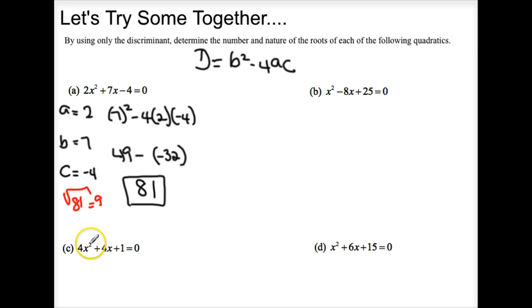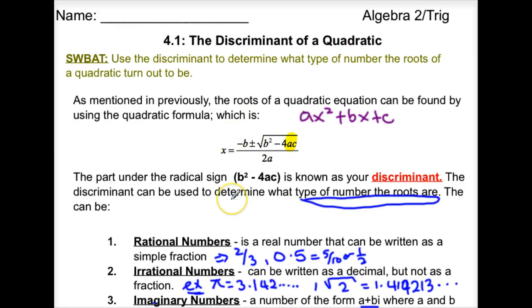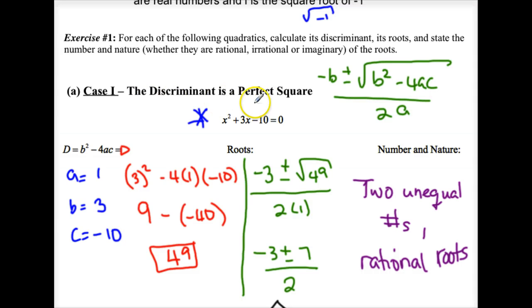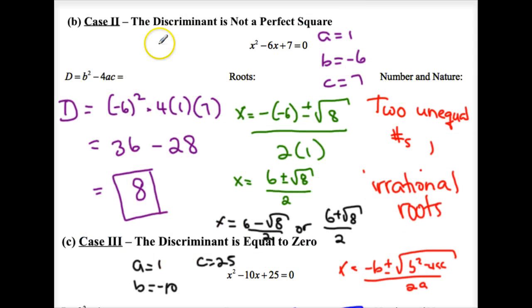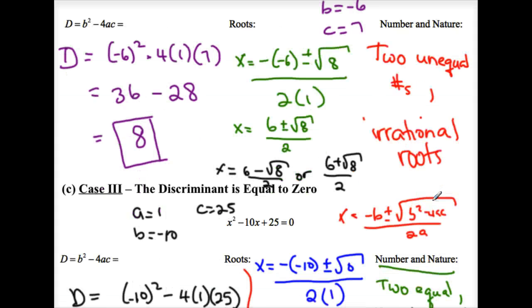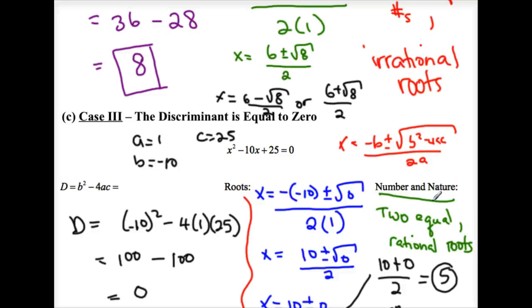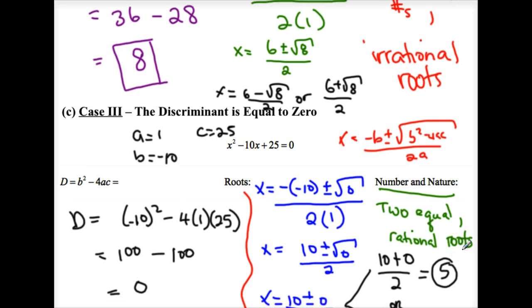So that should automatically tell me I'm dealing with a case 1. What do I mean by case 1? If you go back to the first page, it says whenever the discriminant is a perfect square, I know it will be 2 unequal rational roots. When the discriminant is not a perfect square, it's going to be 2 unequal irrational roots. When the discriminant is 0, it's going to be 2 equal rational roots.